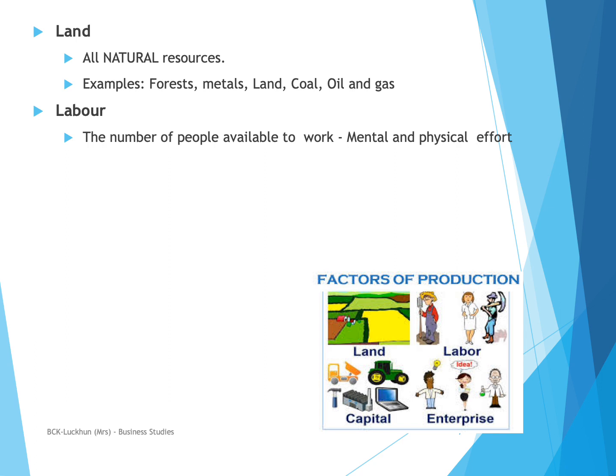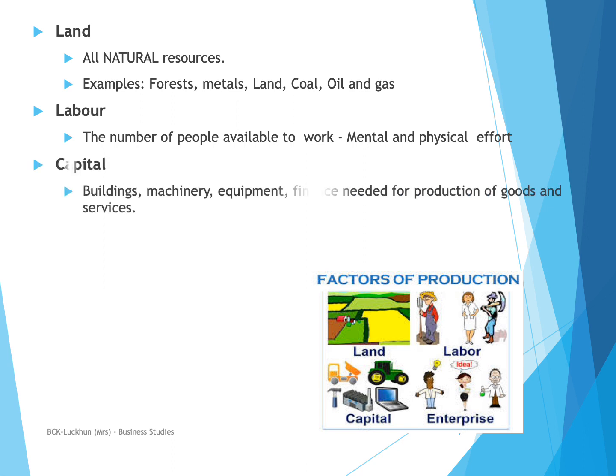Labor. This is the number of people available to work. It also consists of the mental and physical effort of the labor. Capital. Capital consists of buildings, machinery, equipment, and finance needed for production of goods and services.